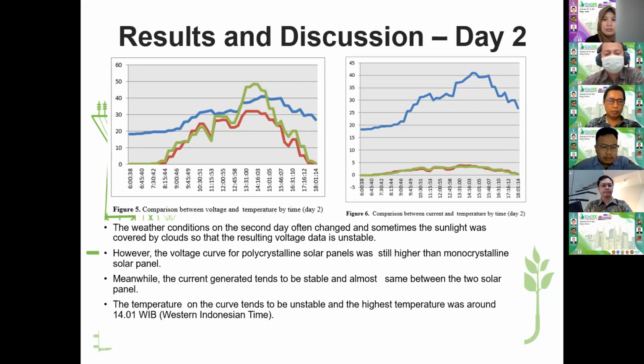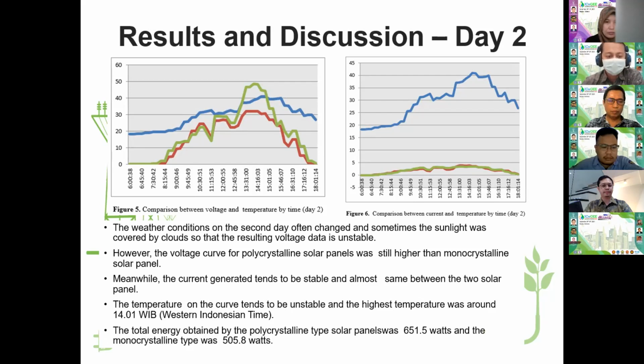The temperature on the curve tends to be unstable, and the highest temperature was at 14:01 Western Indonesian time. The total energy obtained by the polycrystalline type solar panel was 651.5 watts, and the monocrystalline type was 505.8 watts.